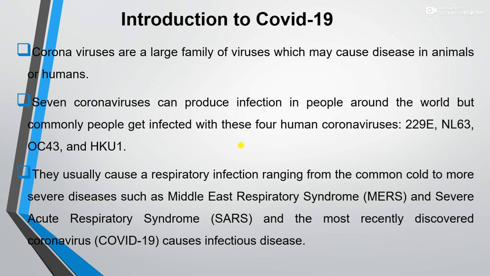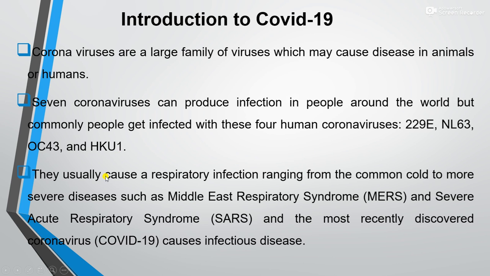There are 7 coronaviruses which can produce infection in humans around the world, but commonly people get infected with these 4 human coronaviruses, that is 229E, NL63, OC43 and HKU1.